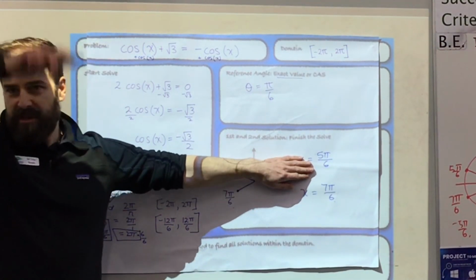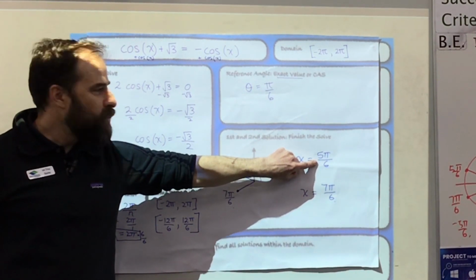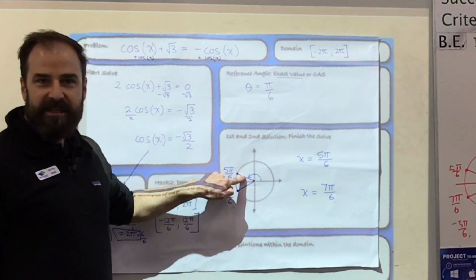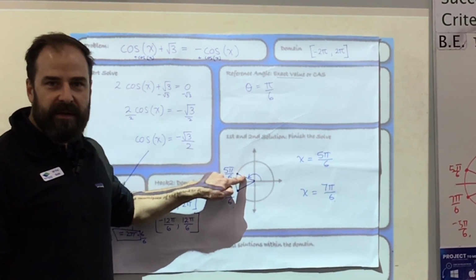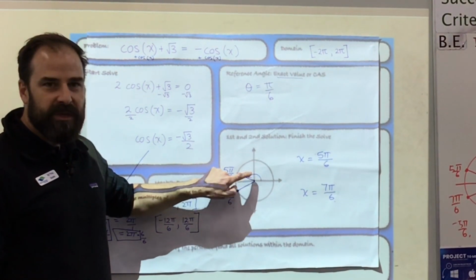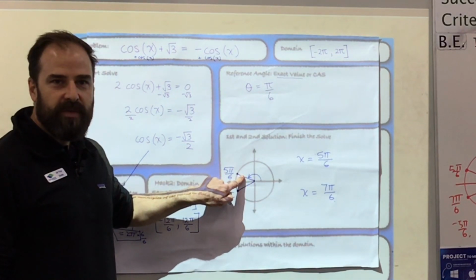Because the unit circle is a cycle, the next solution will come when I've gone one lap around the unit circle back to this point. Okay, so my next solution will occur in the same spot. It will occur after I've gone one cycle around the unit circle.